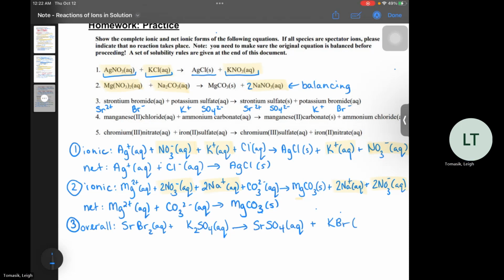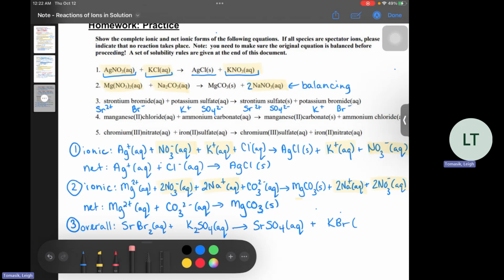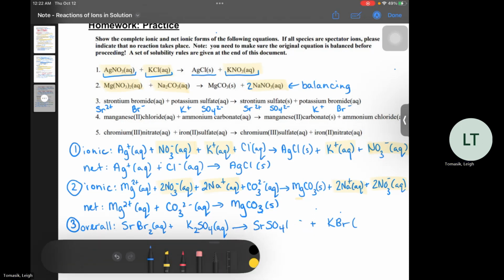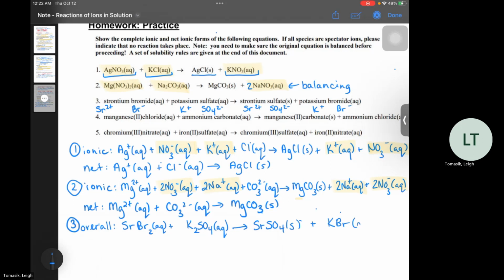Oh wait, sorry. SrSO4 is solid because it's the precipitate. Okay, is this balanced? No. I will need to put a 2 here to balance.